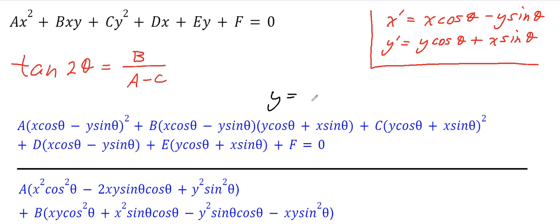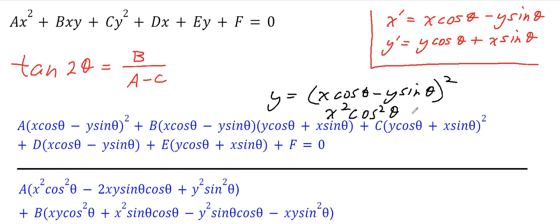I just want to illustrate that when you square these things, the rotation formulas, you'd get x squared cosine squared theta, and you'd get minus 2xy sine theta cos theta.